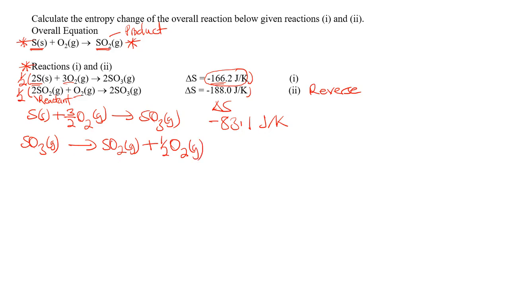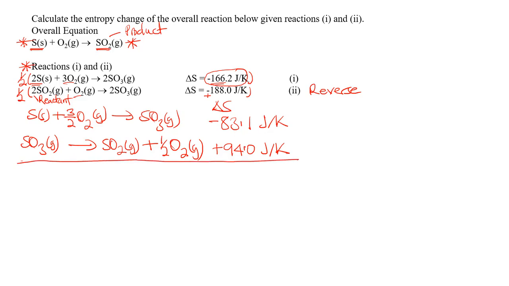Because we have multiplied by half, the oxygen also must be half. Now, since we have reversed, this one will become positive; the negative changes to positive. But also because we have multiplied by half, we need to divide 188 by 2. So we are going to have plus 94.0 joules per Kelvin.